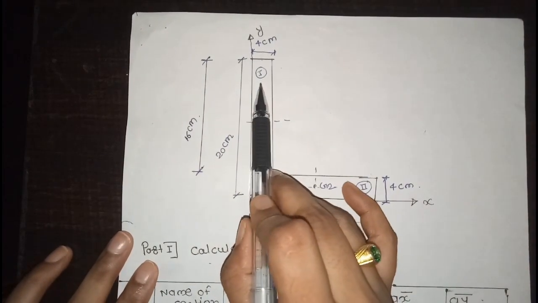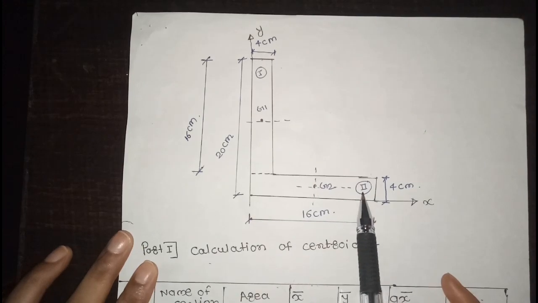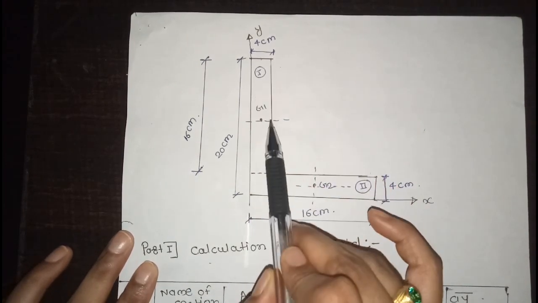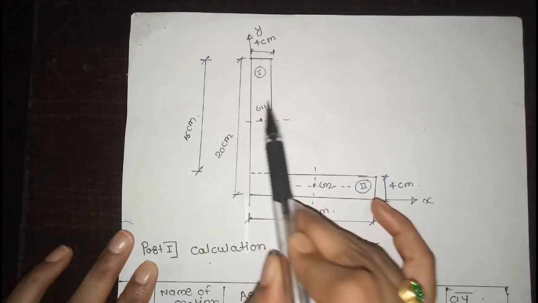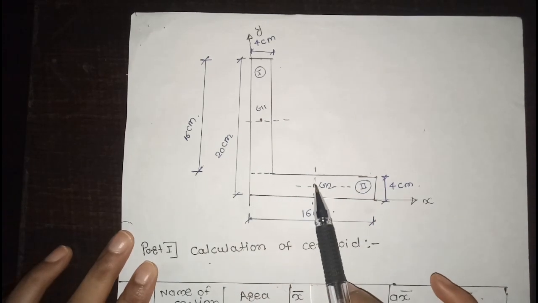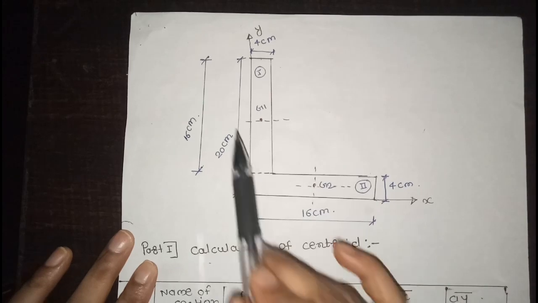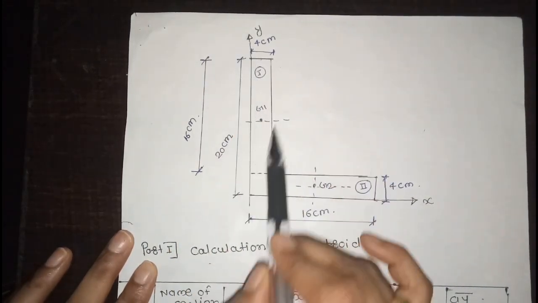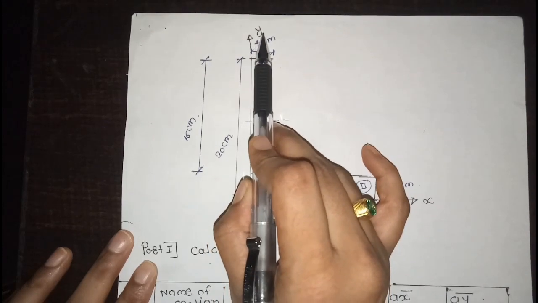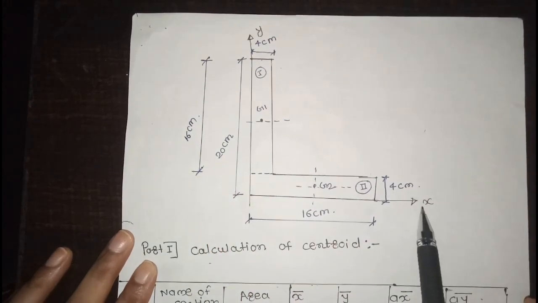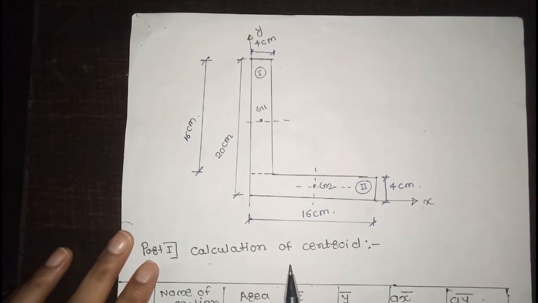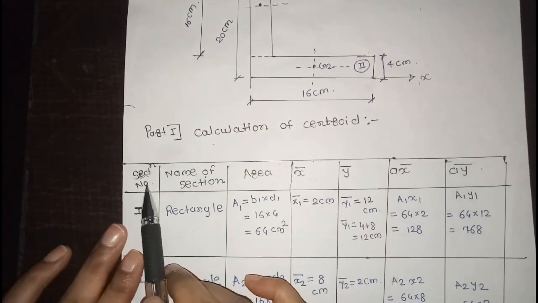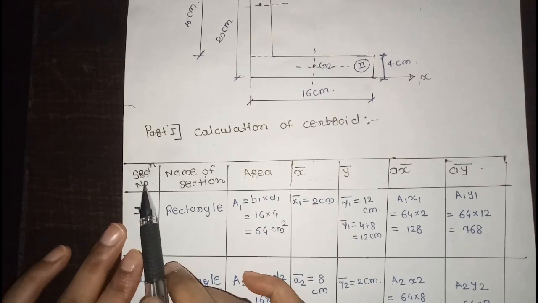First of all, decide the section. This is section number first and this is section number second. Section number first means centroid G1 and second means centroid G2. And this L section is located in the first quadrant, with reference axis Y and reference axis X. So first, section number first.